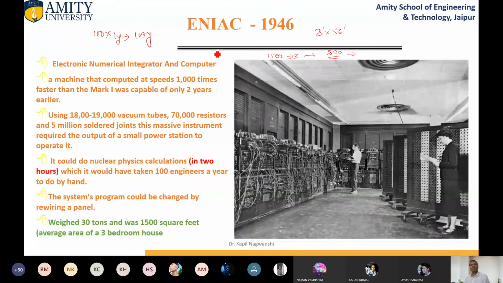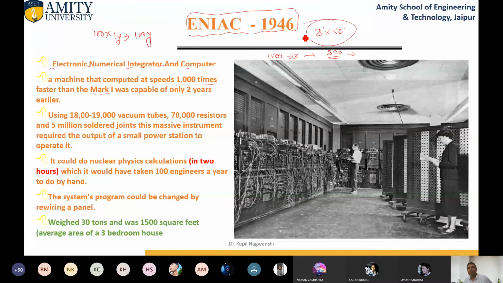So this was ENIAC. Some persons pronounce it one way and some another. This is the Electronic Numerical Integrator and Computer, ENIAC. The specialty of this system is that it was developed in 1946 and based on vacuum tubes, a machine that computes at a speed 100 times faster than Mark 1.